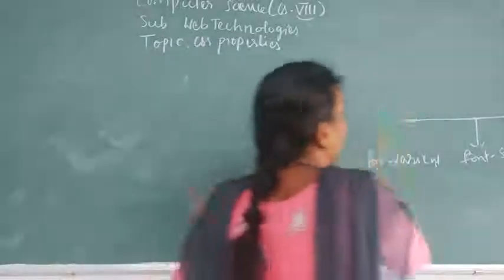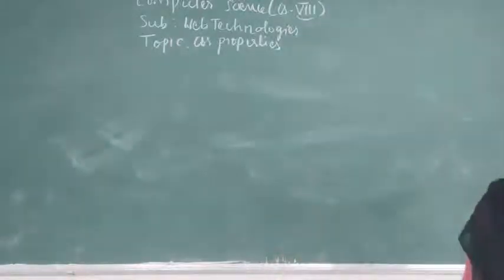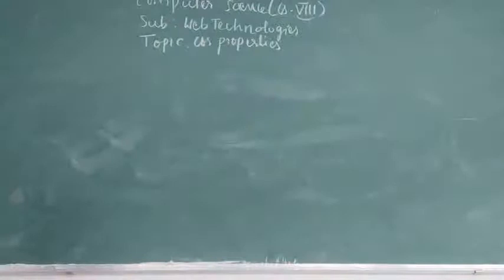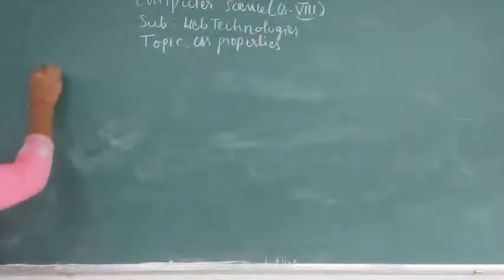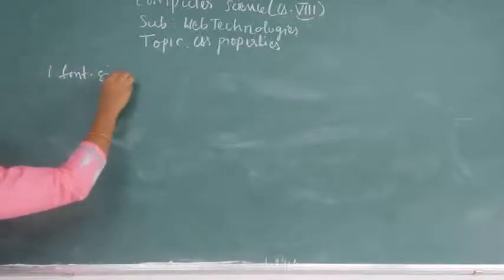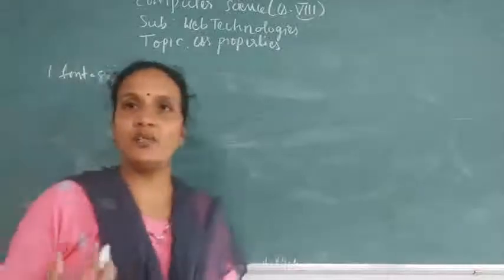First we discuss font size. First property is the font size property. Here we give the size of the font. So font size is nothing but the size of the text.